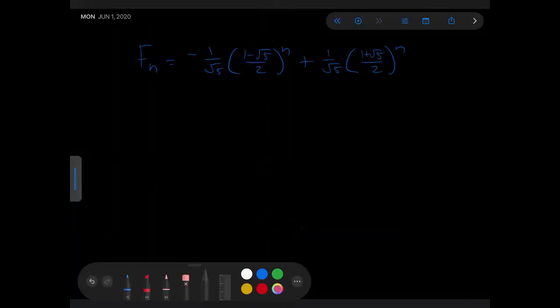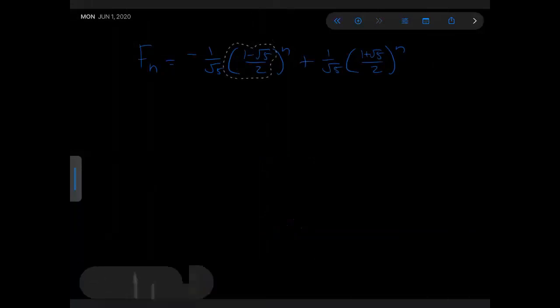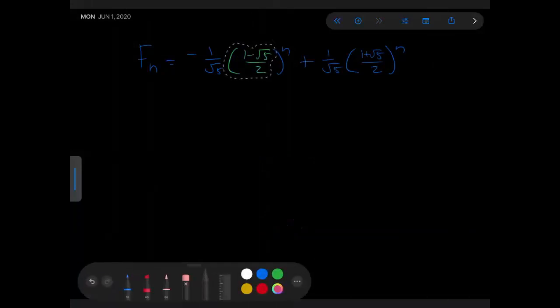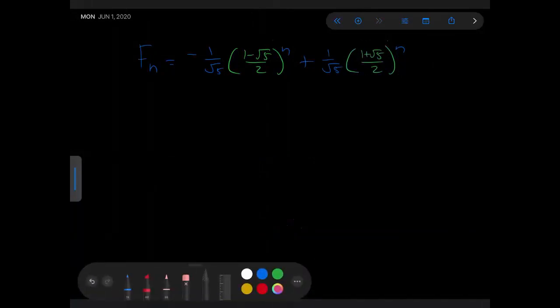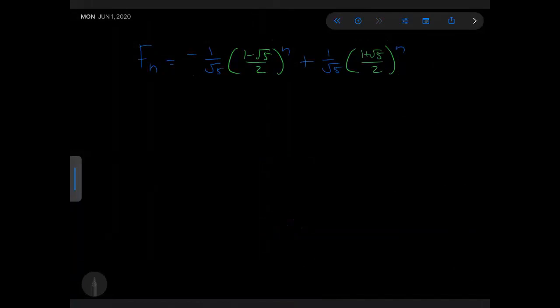So these are our roots from our polynomial. And these are our constants.